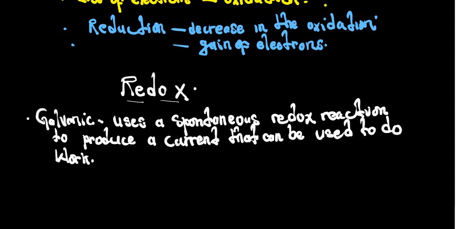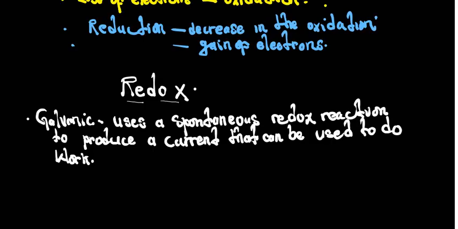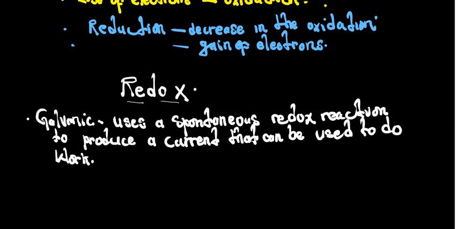What does that mean? A galvanic cell can have a chemical reaction that is undergoing reduction and also oxidation. And all the half reactions given under the galvanic cell are going to be given as reduction half reactions.